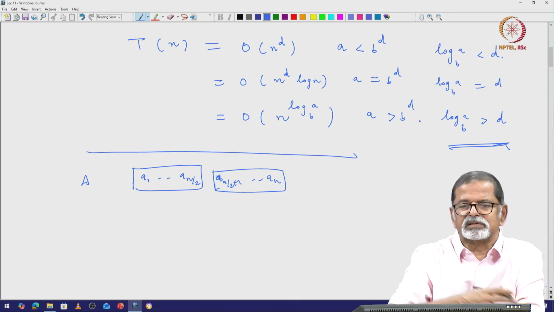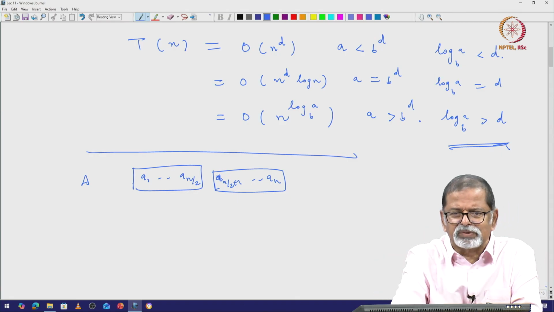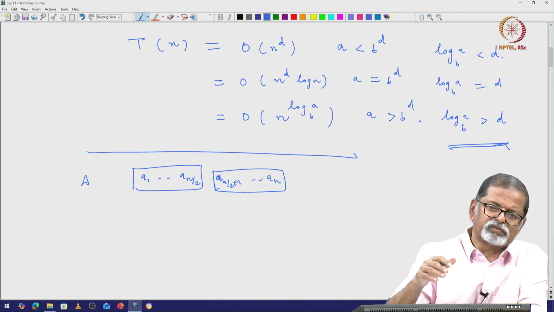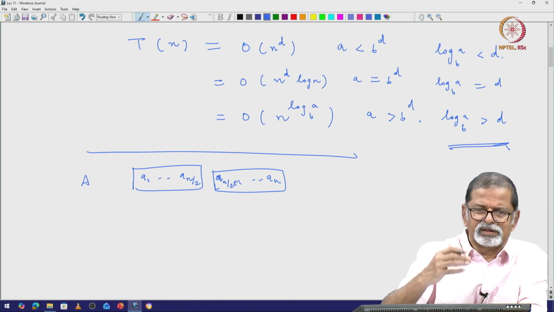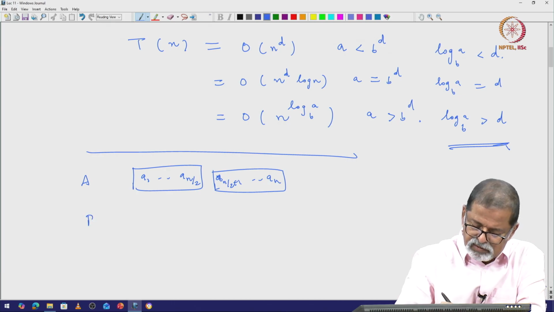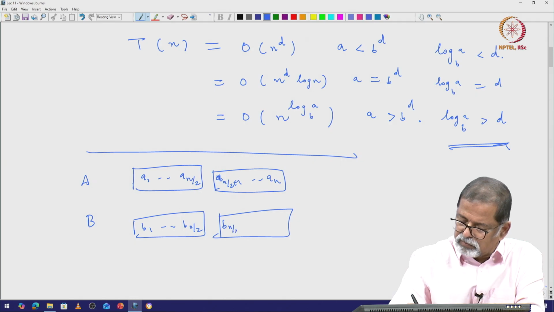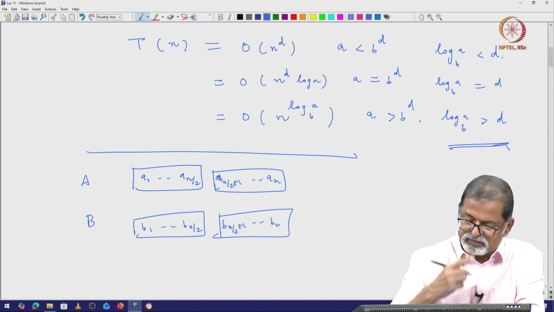Split the first number into two parts, roughly equal. So basically it will be floor n by 2 and ceil n by 2, but floor and ceil I will ignore. And b is again b1 to b n by 2 and b n by 2 plus 1 to bn.